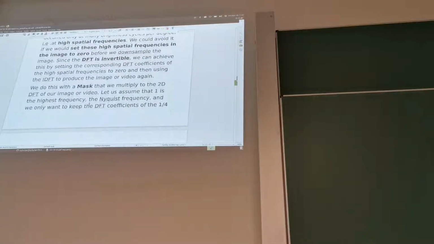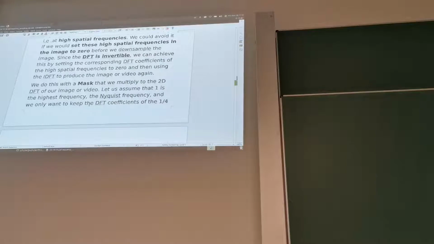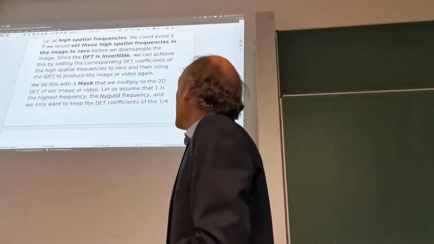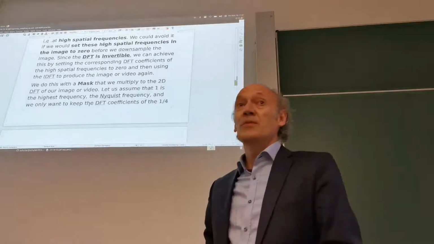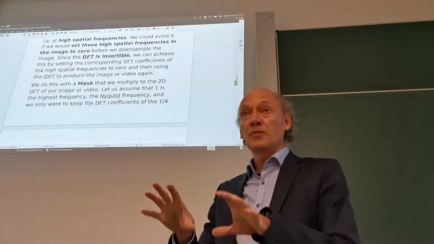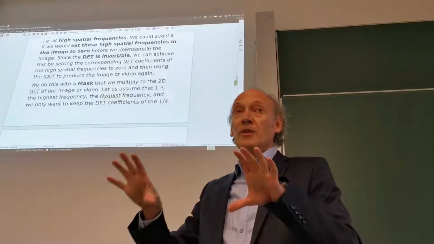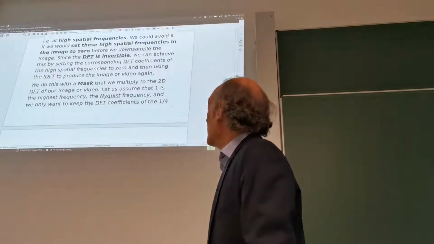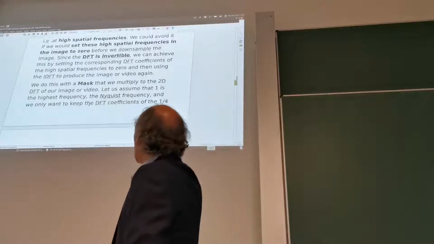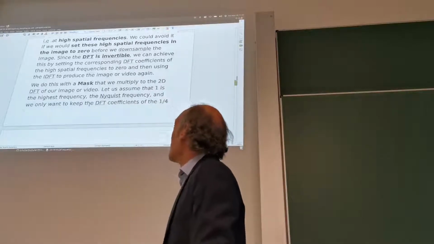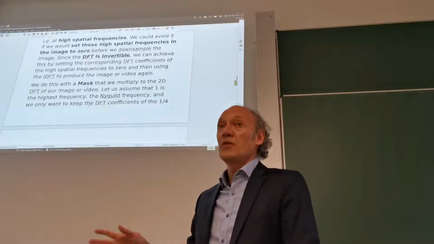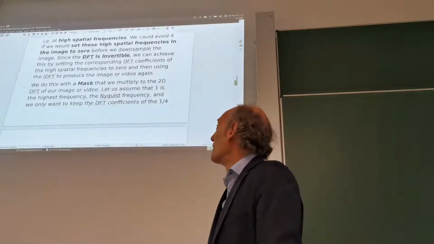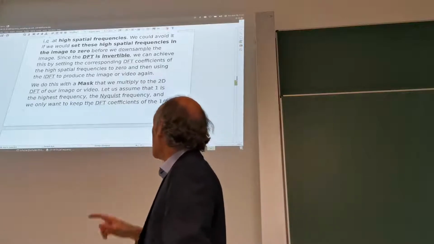So this setting to 0 can be done with a mask that we use to multiply the 2D DFT with. Basically we have a mask which keeps the low frequencies and sets the high frequency coefficients to 0. So let us assume that 1 is the highest frequency, the Nyquist frequency. We normalize all our spatial frequencies such that 1 is the Nyquist frequency.